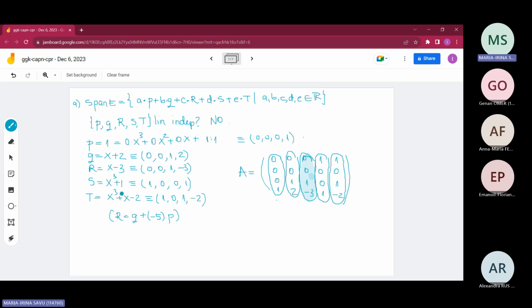And also, if you take a look at S, T, and P, could you write T using P and S?